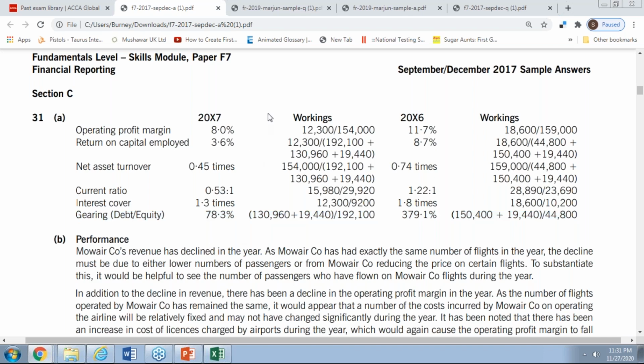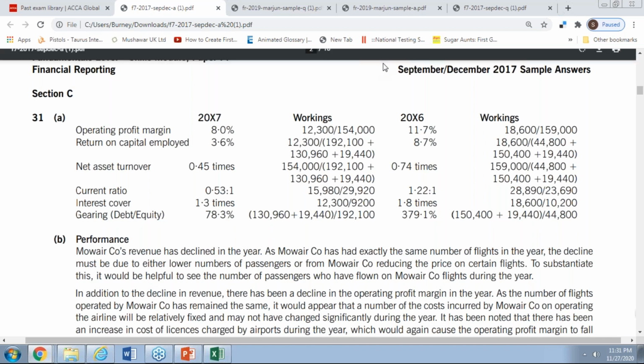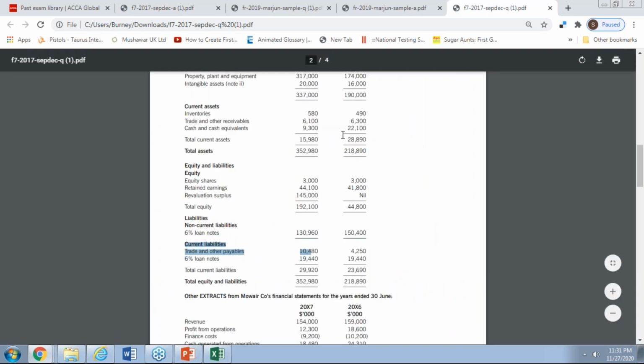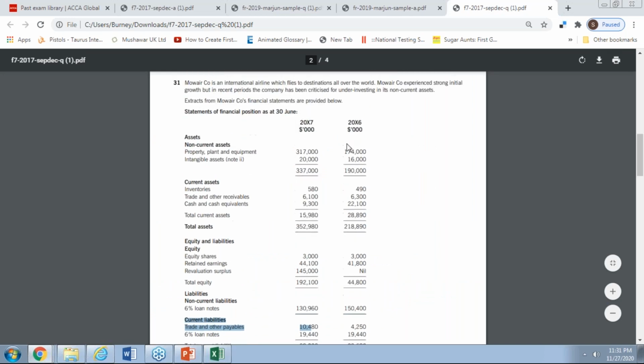Now, what about the future impacts? The first thing that you should know is the company is not investing in non-current assets.